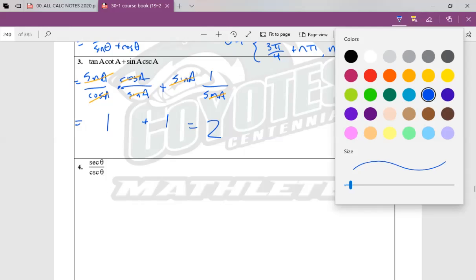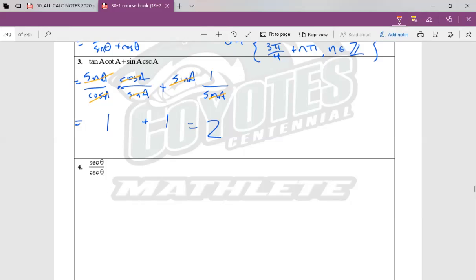Now, we do have a couple of restrictions. Anything that's spent any time in the denominator can't equal 0. So whether we think of this because tangent is here, therefore cosine can't be 0, cotangent here, therefore sine can't be 0. If cosine A can't be 0, where does that happen?